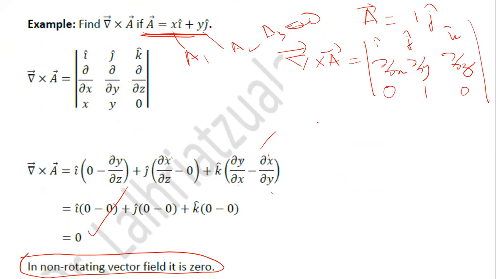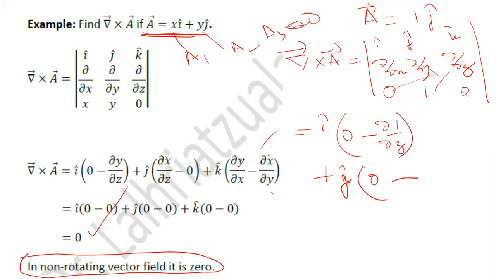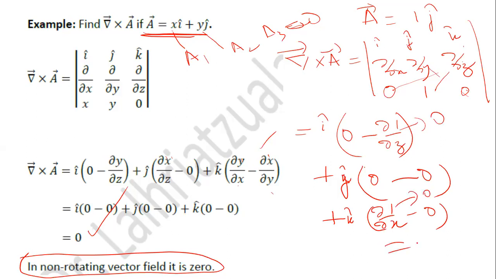So if you do that, this will be i cap into this product, which is 0, minus this into this, del 1 upon del z, plus j cap, del upon del x into 0 is 0, plus k cap, the k cap coefficient will be del 1 upon del x minus 0. So this is constant. Differentiation of 1 with respect to z is 0. Differentiation of 1 with respect to x is also 0. So all the terms will be 0.